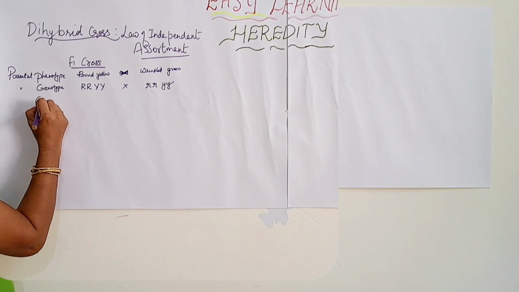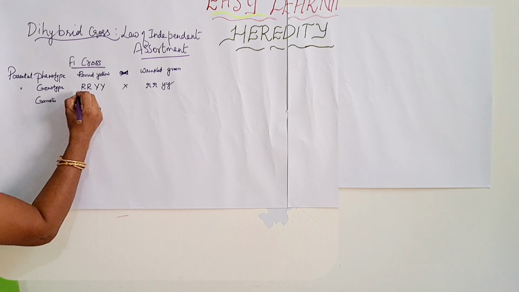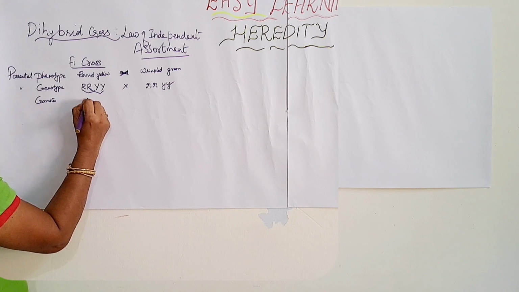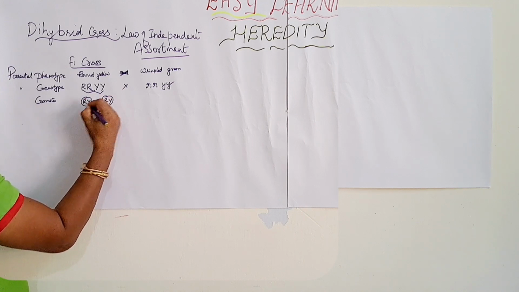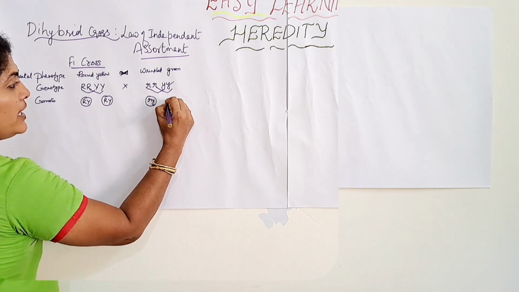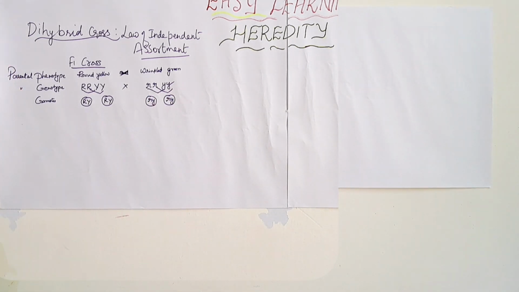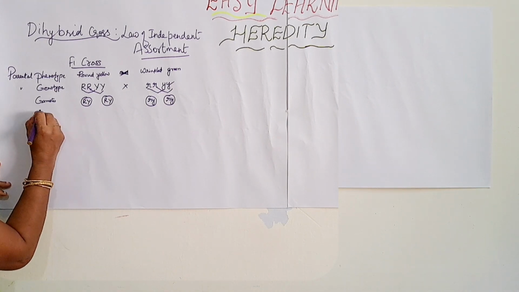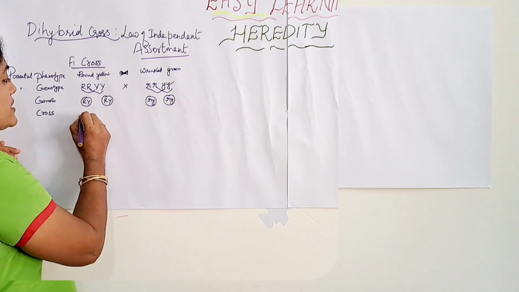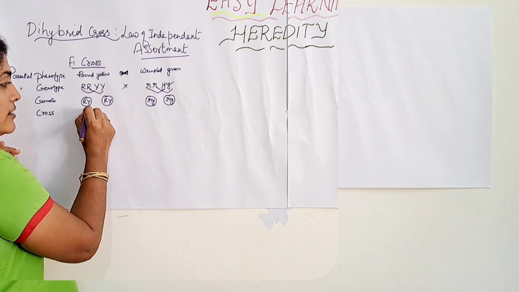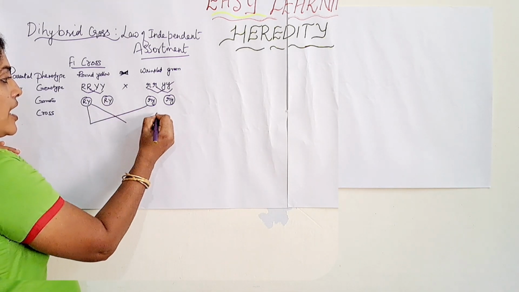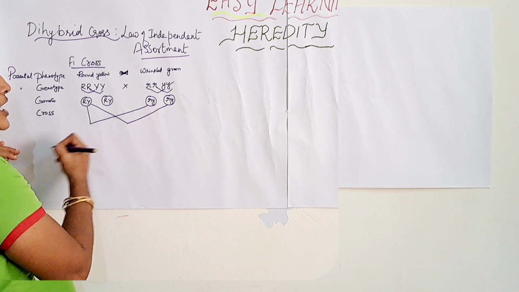When we write the gametes, we have capital R, Y, capital R, Y, small r, small y. So this is the gamete. Now we will cross it. This capital R, Y will cross with the small r, y.